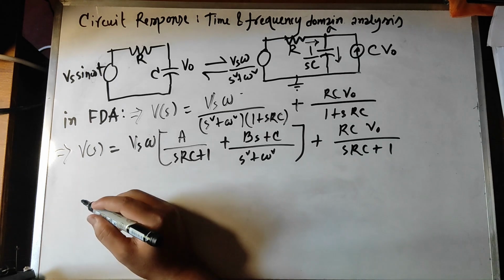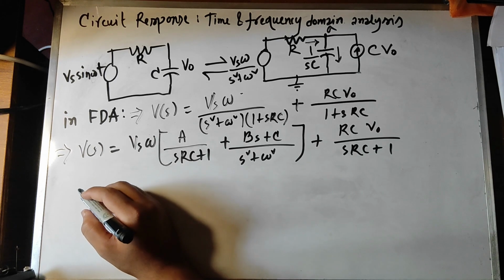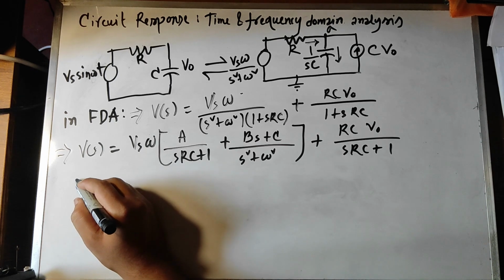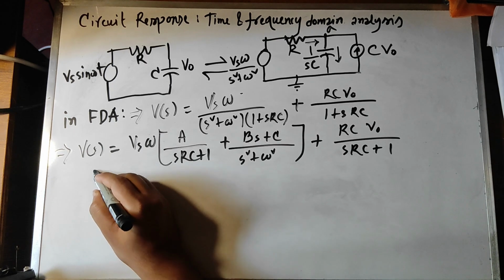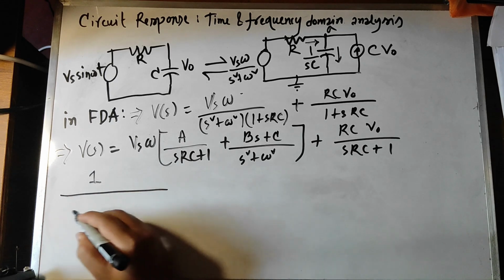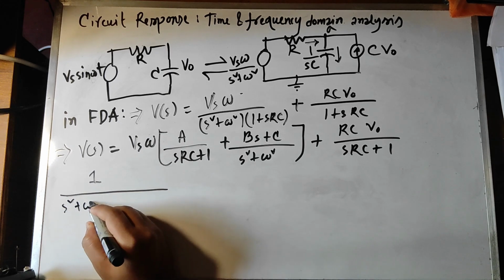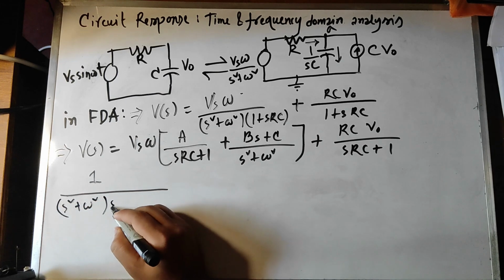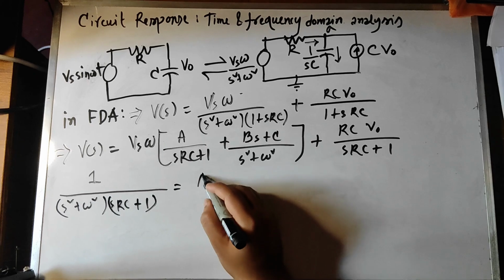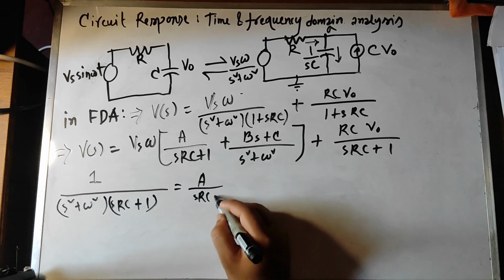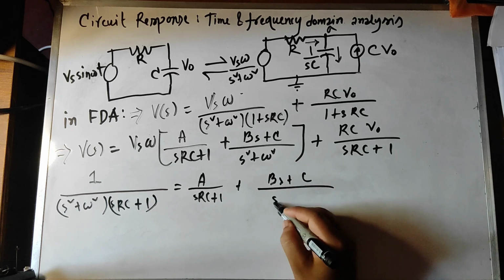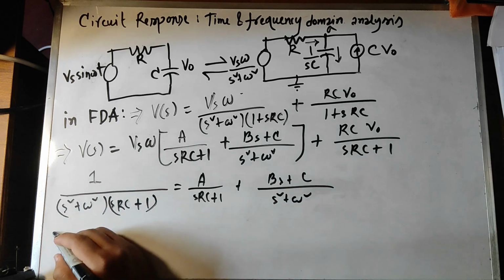So if we see, 1 by (s square plus omega square)(sRC plus 1) equals A by (sRC plus 1) plus (Bs plus C) by (s square plus omega square).